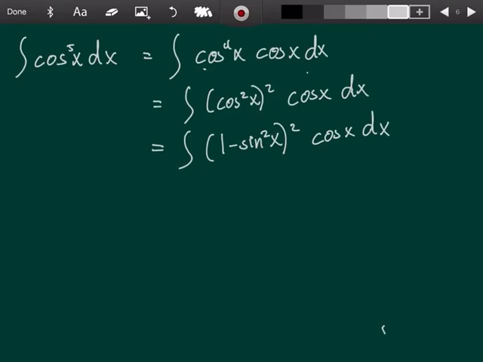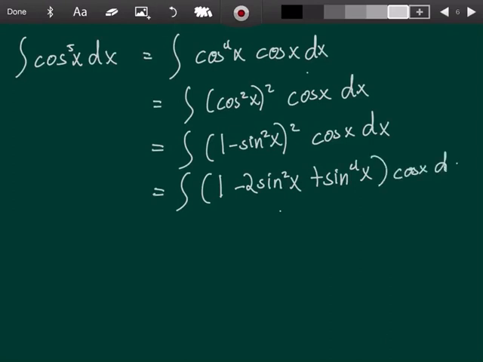Okay, so what will this result in? That will be equal to (1 minus 2 sine squared x plus sine raised to 4 x) cosine x dx.